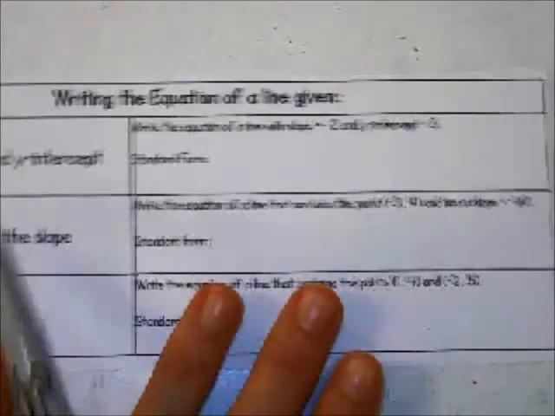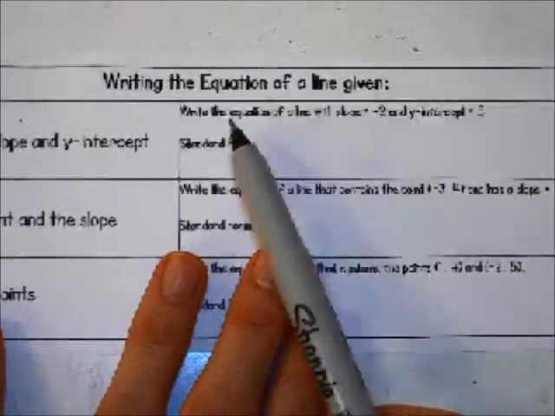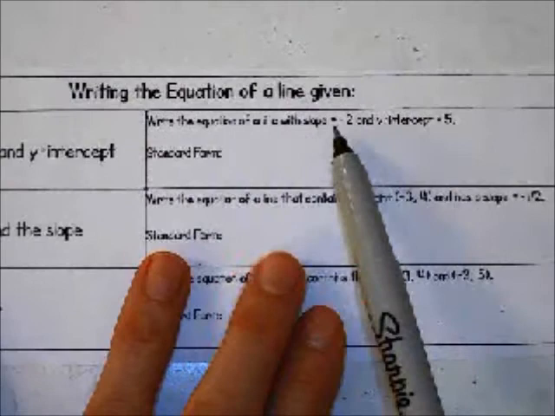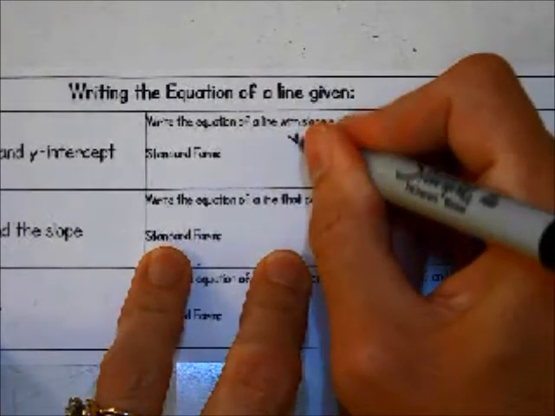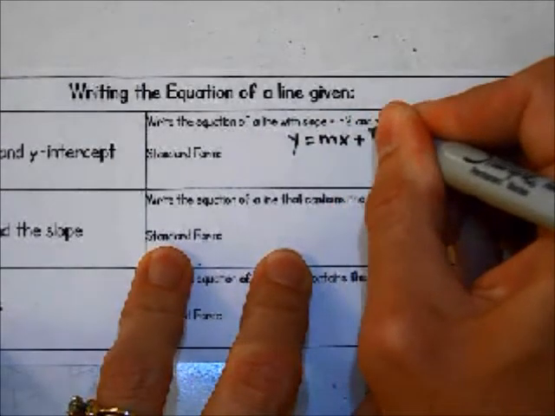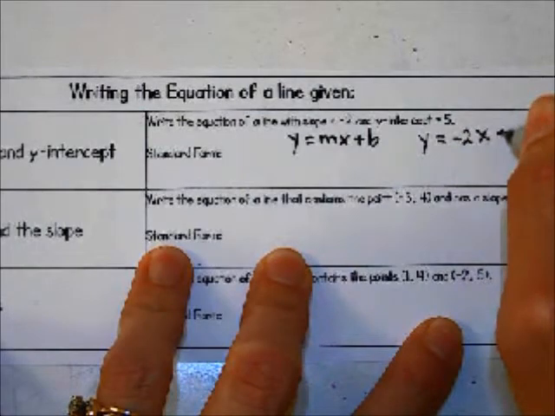All right, so let's do a couple examples. Let's say I'm given the slope and the y-intercept, like in this example. Write the equation of a line with slope -2 and the y-intercept of 5. So I'm going to plug into y equals mx plus b, and my equation will be y equals -2x plus 5.